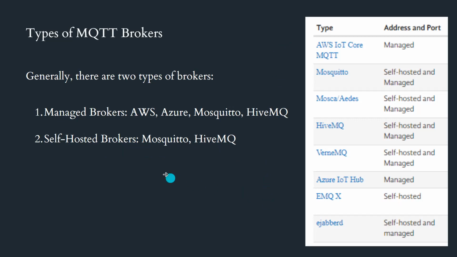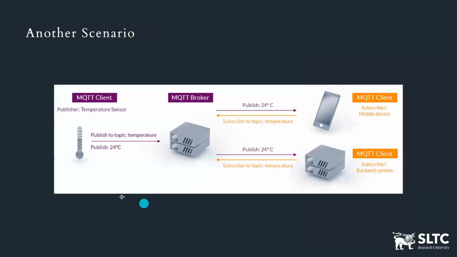So these are the main MQTT broker types that are available, and there are advantages and disadvantages on both types. Now, this is another scenario of MQTT protocol implementation. There's an MQTT broker, and there's a sensor that is publishing temperature information frequently within a fixed time interval to the MQTT broker.